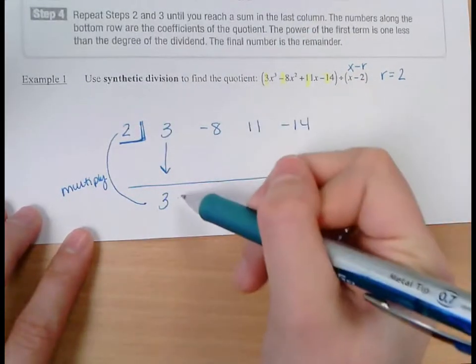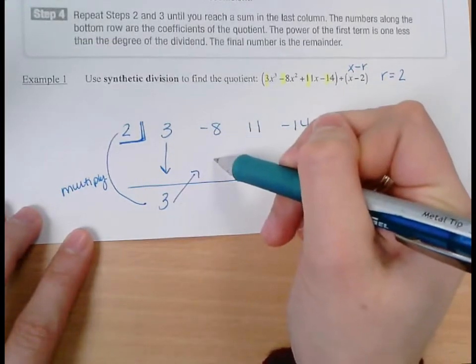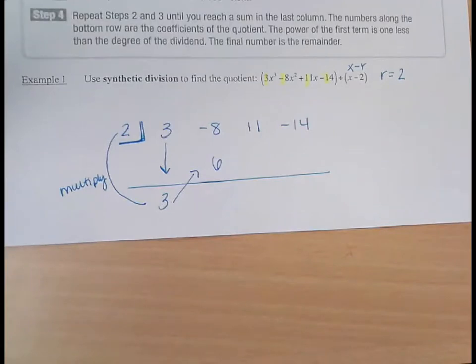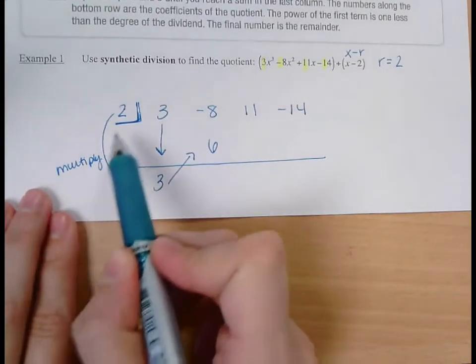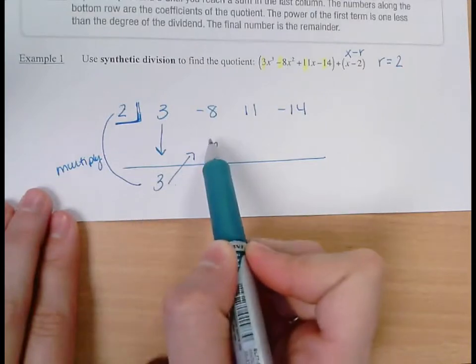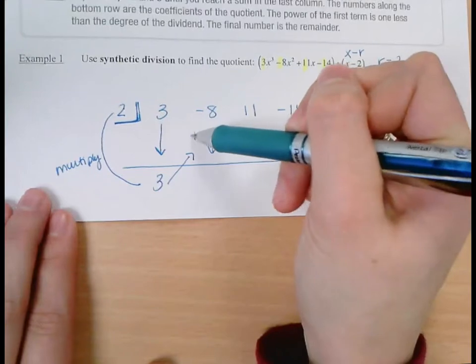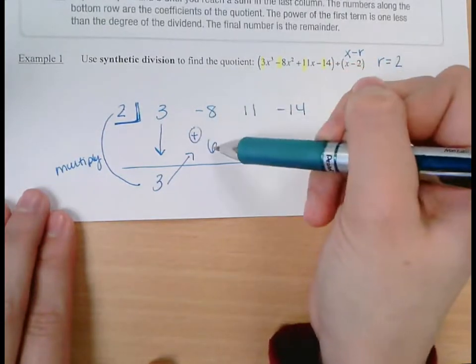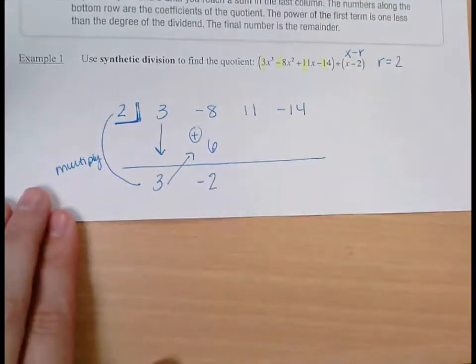The product then gets written in the next column. So below the negative 8, I would write a positive 6. So multiply the number below the line by r, write the product in the next column, and then you add these numbers in the column together. So negative 8 plus 6 is negative 2. The negative 2 gets written below the line.